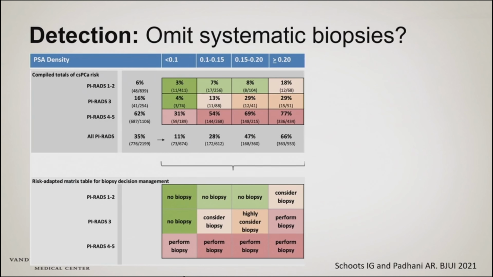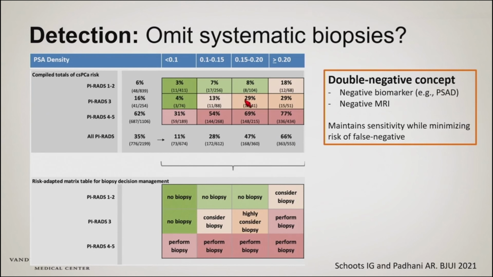The European guideline is based primarily on this study and others like it, Schutz et al., where they looked at PSA density and MRI findings, and again, very low probability if the MRI is negative and the PSA density is low.